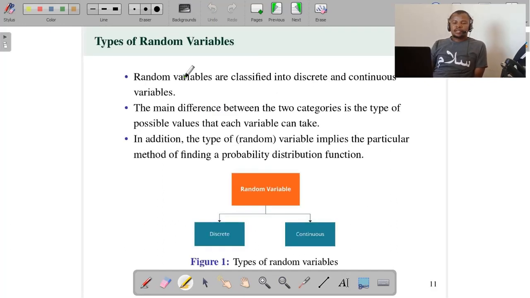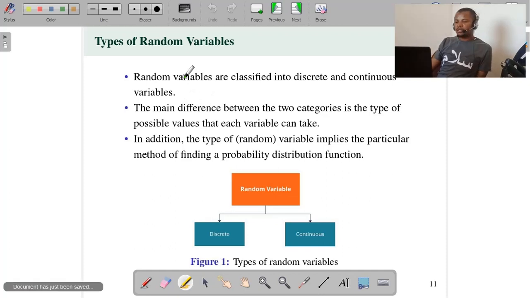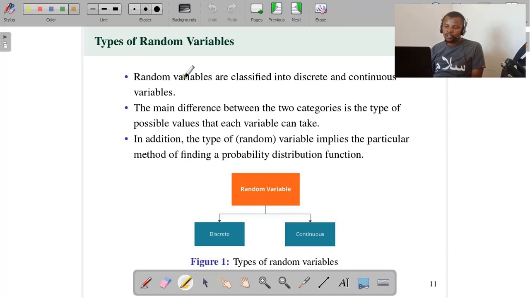So again here, since we have already talked about the concept of random variable, it can be split into two main types, the discrete as well as the continuous random variable. In a nutshell, random variables are classified into discrete and continuous variables.